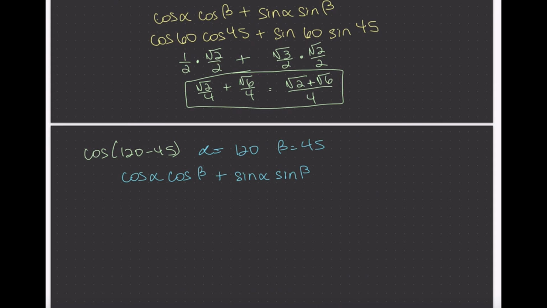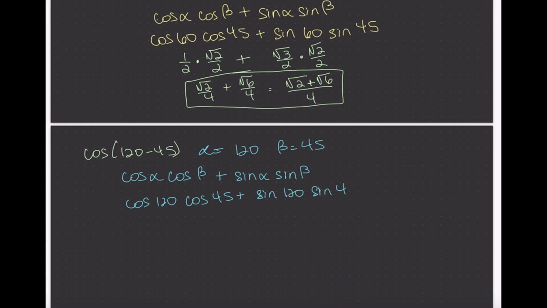The more and more we practice these formulas, the more and more we might actually get these babies memorized. All right, so let's see what we got going on. So cosine alpha, my alpha was 120. Cosine of beta, 45. Plus sine of alpha, 120.